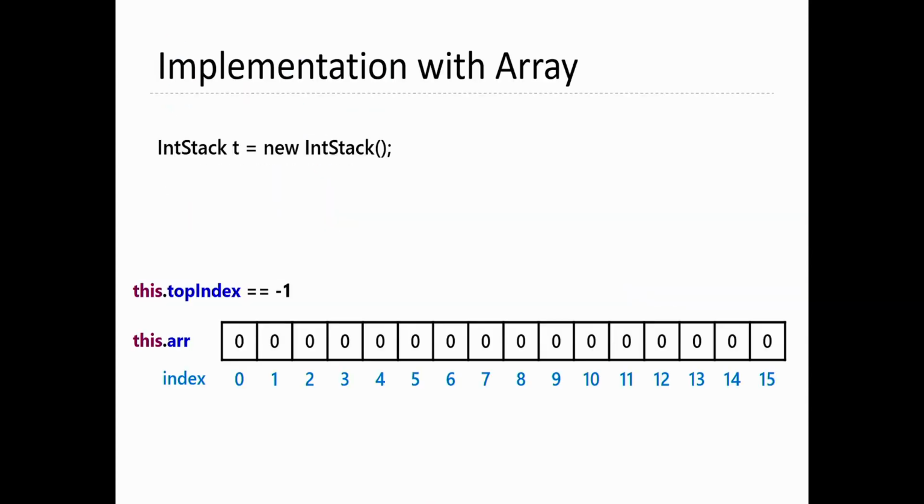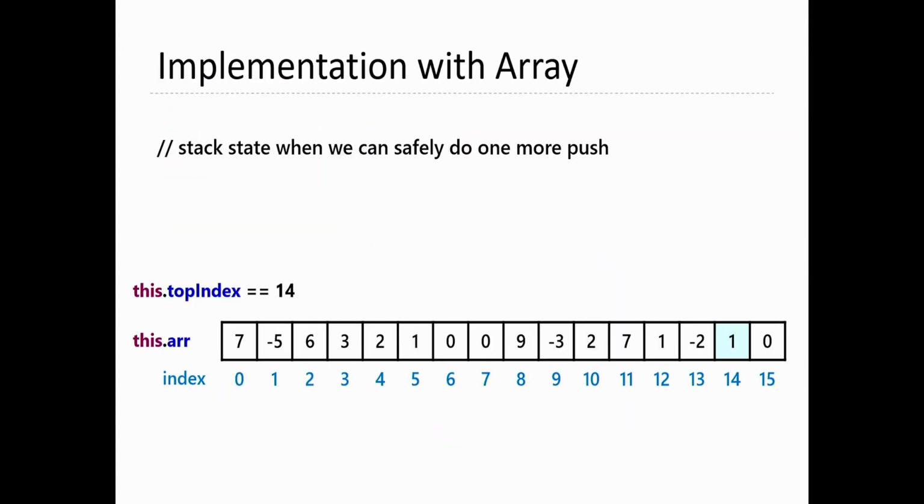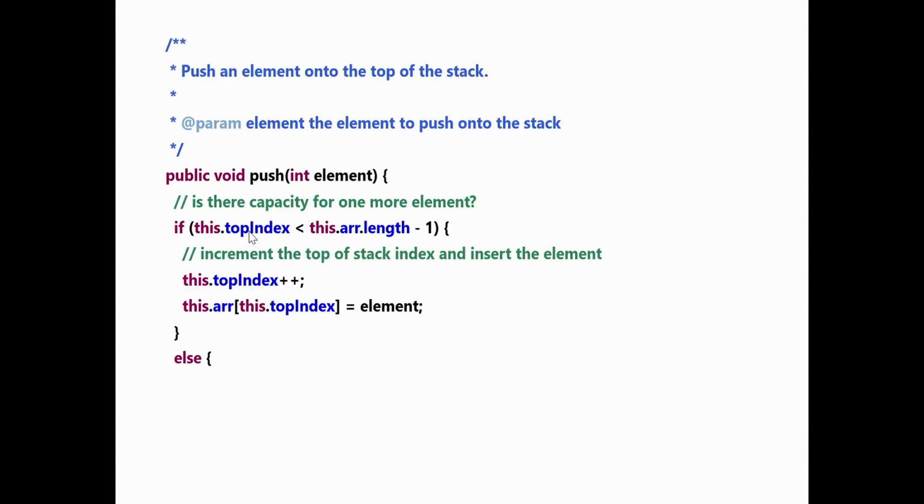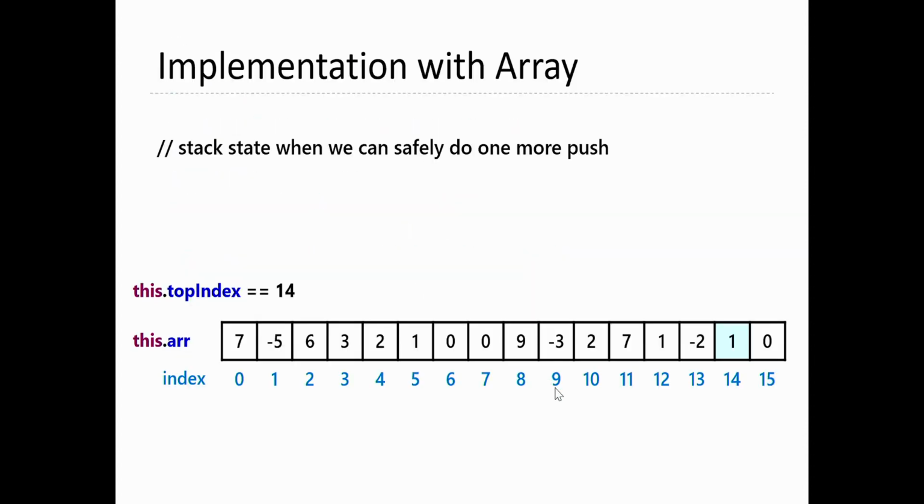Where did push go? Oh, we haven't implemented push yet. That's right. Okay, so with push, you have to worry about running out of space in the array, right? So this is a stack where I can safely do one more push. The top index is currently 14, and there's room for one more element, so that's fine.